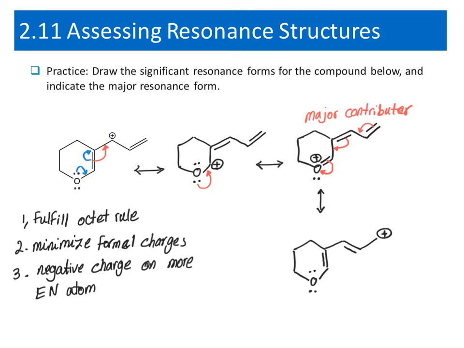So if I draw the resonance structure by this arrow pushing, I would get a double bond here and positive charge right here, and this carbon becomes negatively charged. So you need to calculate the formal charges on oxygen, and oxygen also becomes positively charged.